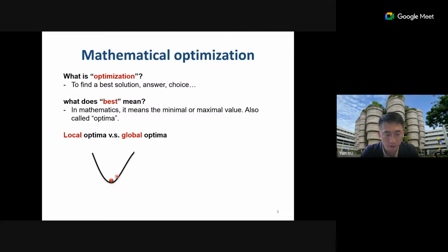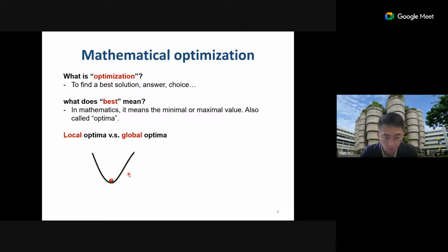Clearly you can see this is the optimal solution of this problem, because our objective is to find the minimum value. This is the minimum value within the whole solution region shown on the screen. So in this case, this is a global optima.